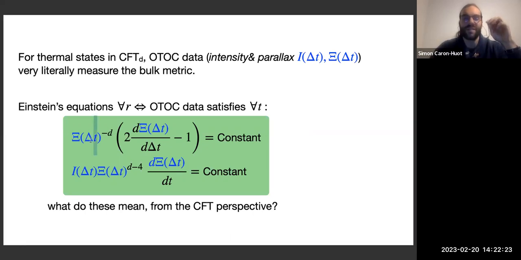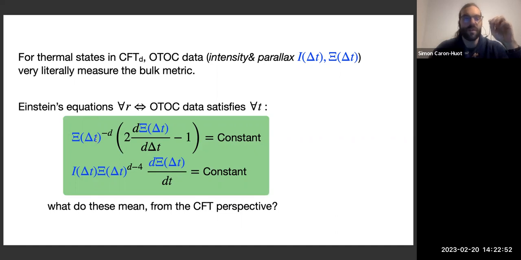I don't know how to do that, but it's nice to understand what this equation means. I find it very surprising that a local equation in r in the bulk is equivalent to a local differential equation in time on the boundary.